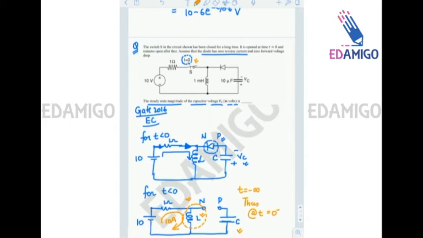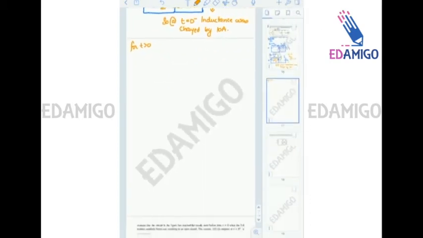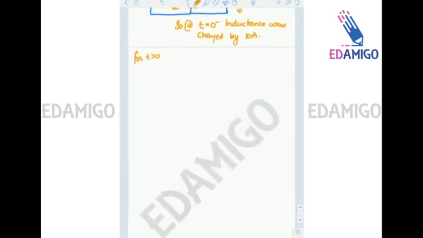Now when it is opened, this 10 volt and 1 ohm resistance will be of no use, and for t greater than 0, I will have to add a page here. For t greater than 0, the circuit will be like this. Okay, LC circuit, because the 10 volt and 1 ohm resistance will be removed from the circuit.